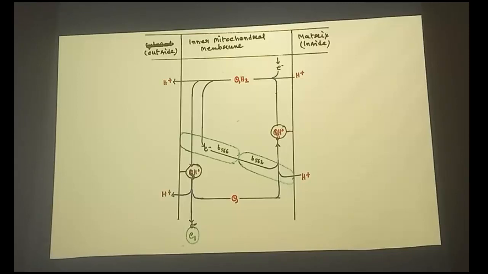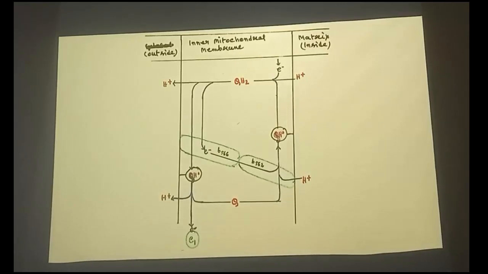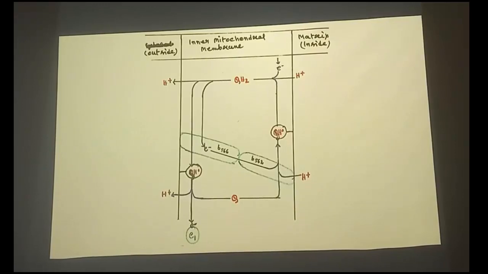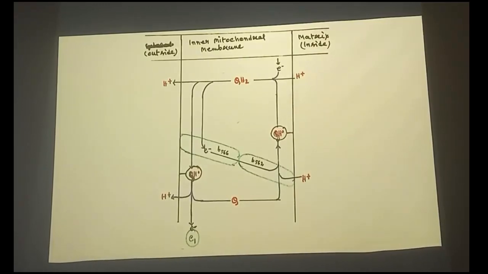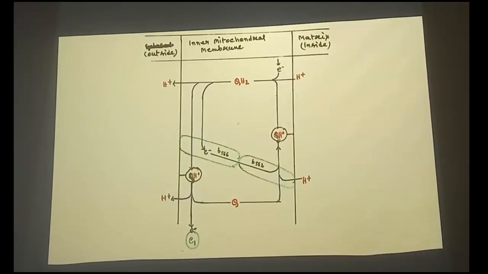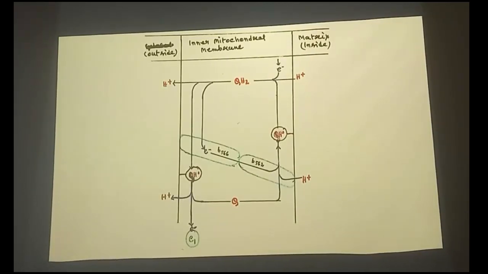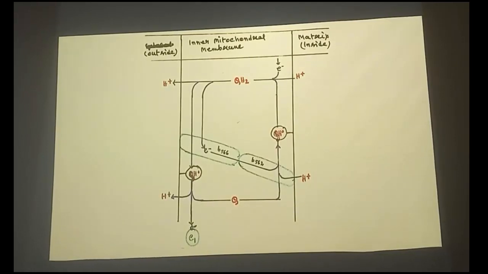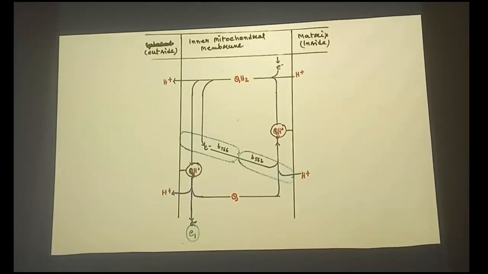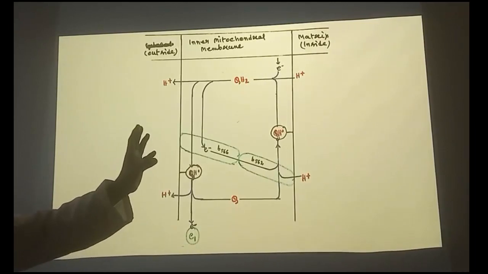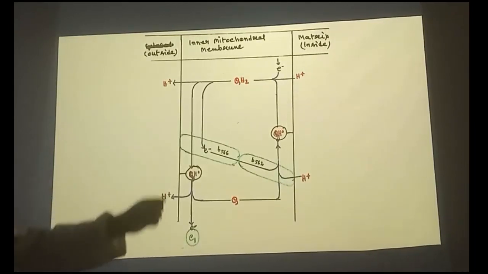So the inner membranous space is a proton rich region which has a higher gradient, and which has a tendency to go back inside the matrix. So the proton is pumped out as well as the electron moved from one complex to another complex. That is a very important role played by coenzyme Q, known as the Q cycle.